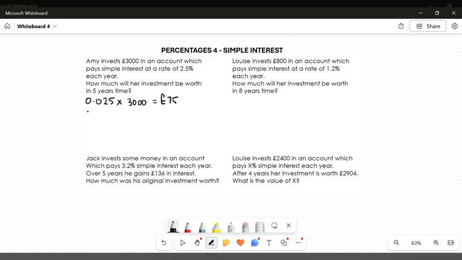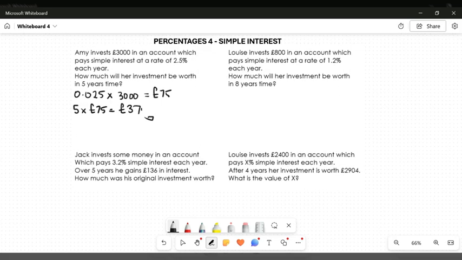So in 5 years, that's 5 lots of £75. 5 times 75 is £375. So she's gained £375 in interest.